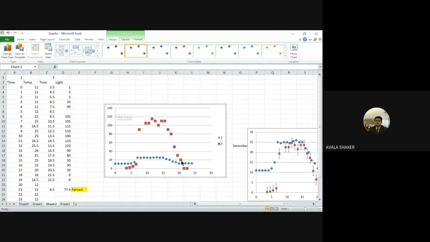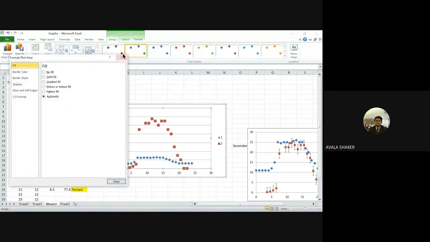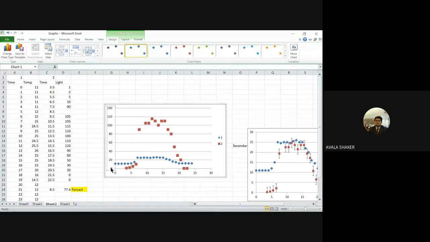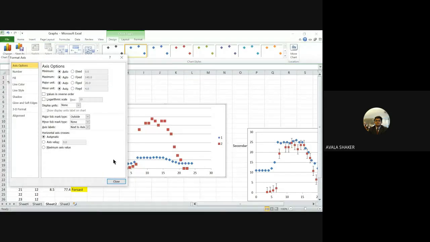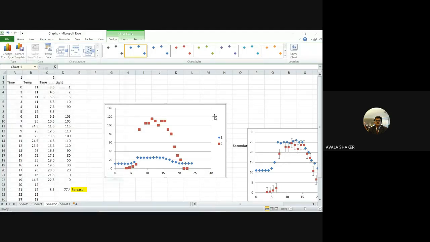Now if you want to look at them separately, what you can do is, on X-axis format, you will get that option.